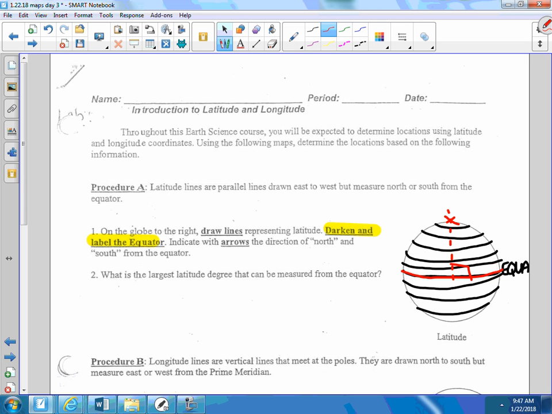The angular distance from the North Pole. 90 degrees north. So the question says, what is the largest latitude degree that can be measured from the equator, Lindsay? 90 degrees. You can go 90 degrees north, or we can go 90 degrees what? Don't call out, raise your hand. Dana. South. Excellent. They want you to label north and south.